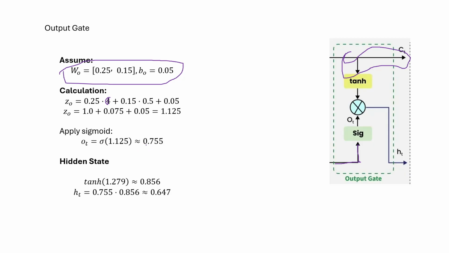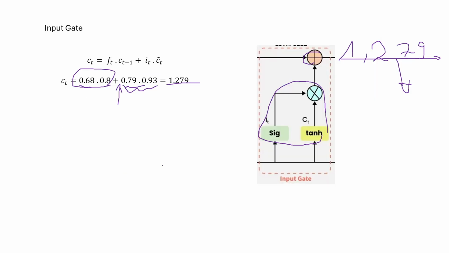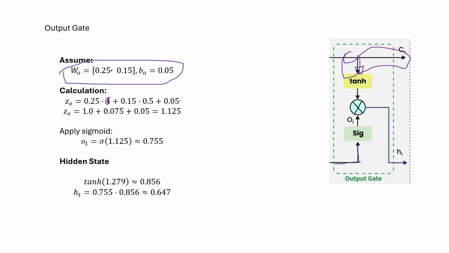We get 0.755, so we can say that we'll keep 75.5%. And again, this part here is the activation function of the cell state 1.297, which we saw here, which is this value. Passing it through the activation, we get this value.